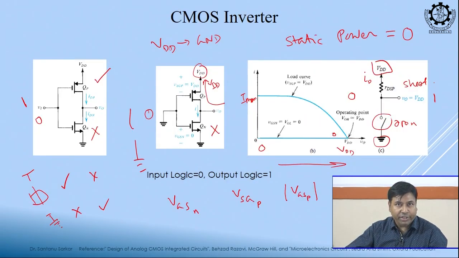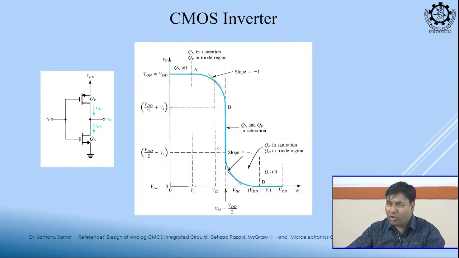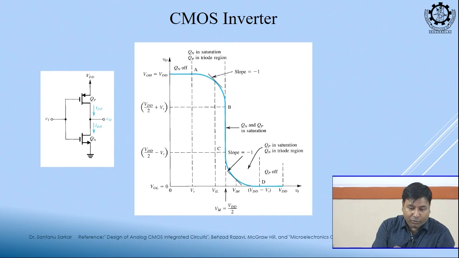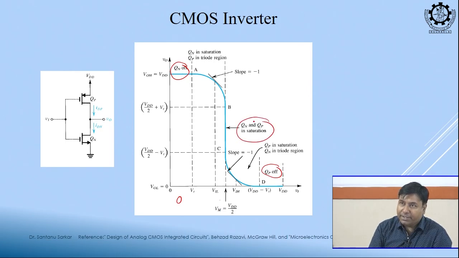Understood the digital logic? So, we are just discussing very briefly. Okay. So, that we already know. Now, can you tell me, when input is 0, NMOS will be in off state. When input is VDD, PMOS will be in off state. When they are in the middle, both of them will be in saturation.